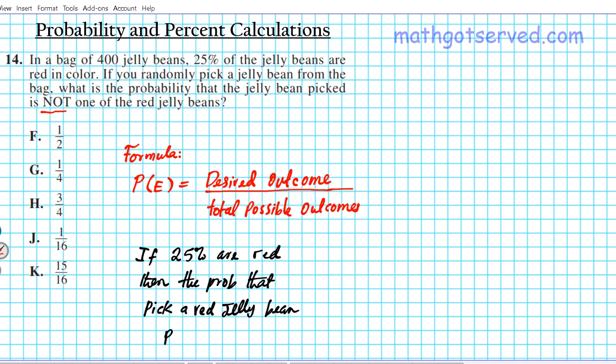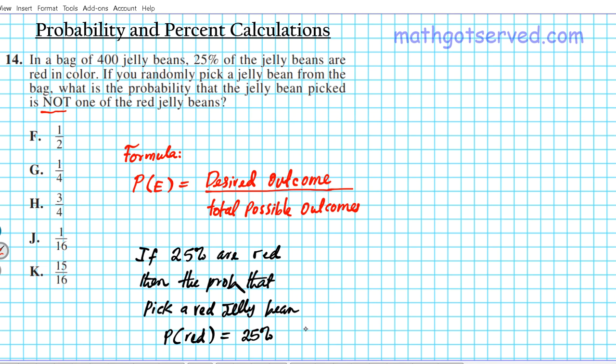Let's call that P of red, 25% in percentage form. How's that possible? Well, if you do the calculations, 25% of 400 is 100, and if you divide 100 by 400, you end up with 25%.